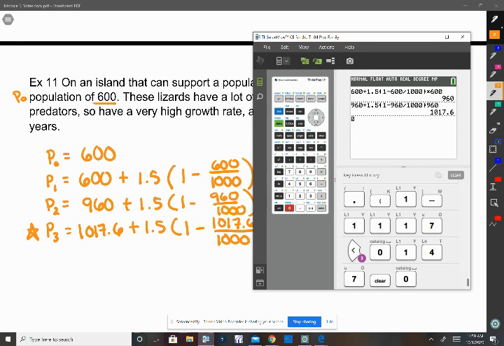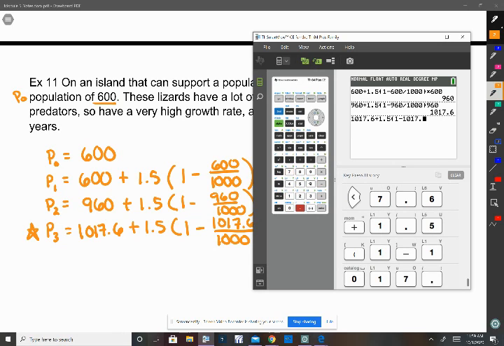Sorry, I'm struggling today. I'm just going to push the 0.6, plus 1.5 parentheses 1 minus 1017.6 divided by 1,000, close your parentheses, and then times 1017.6.